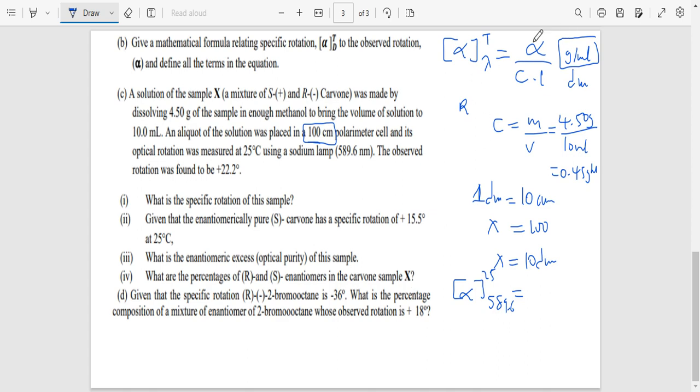All right, so the observed rotation, they've told us, is 22.2, and the concentration we've just determined to be 0.45. Then the length of the tube in decimeters, we have found to be 10. So this is going to give us 31.8 degrees.